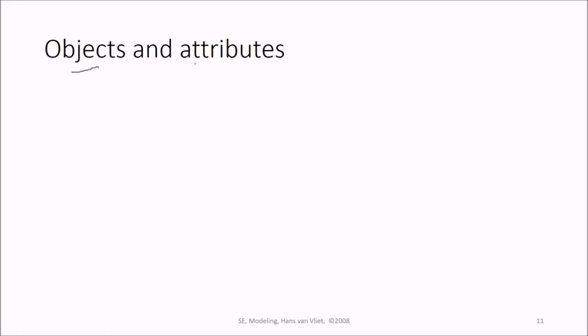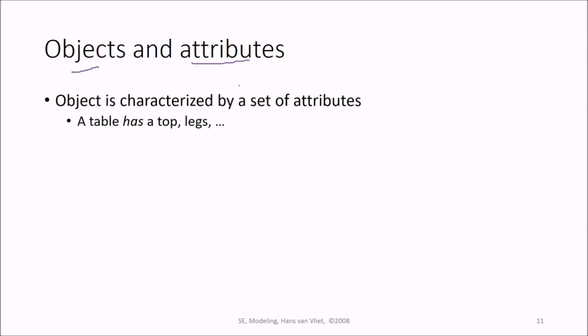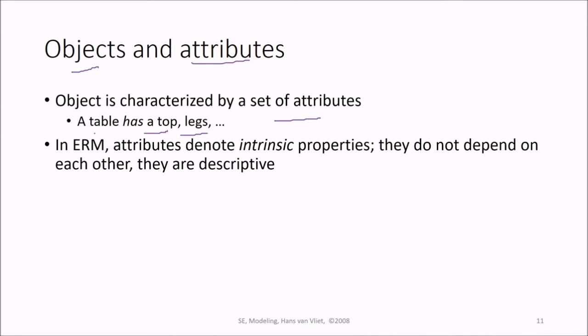So coming to objects and their attributes, an object is characterized by certain attributes. Like a table has a top, it has a leg. A table is used to place a laptop. So in ERM, attributes denote intrinsic properties, and they do not depend on each other. They are descriptive.